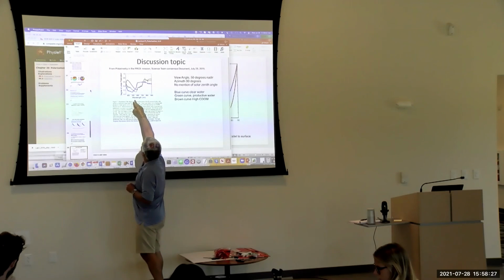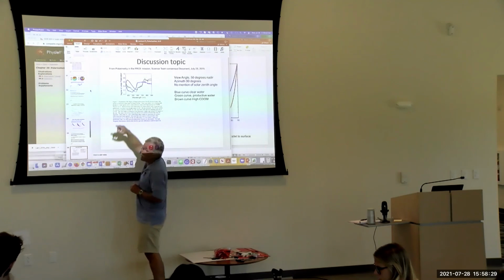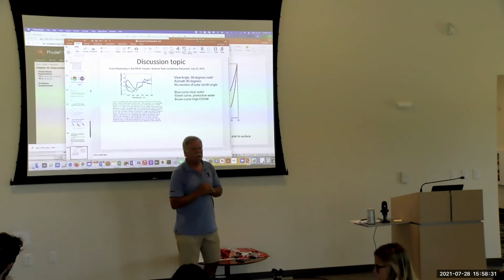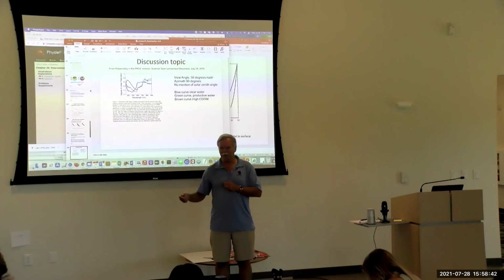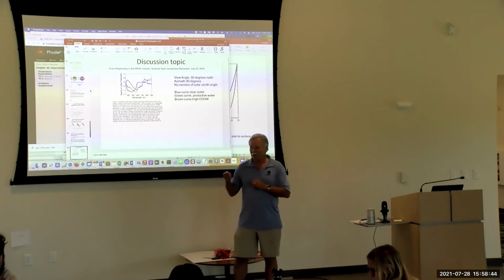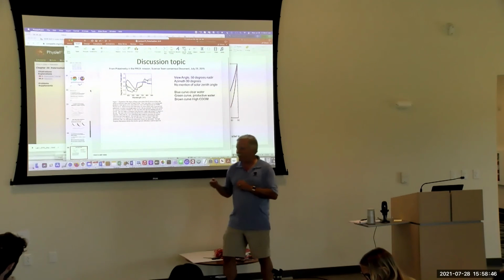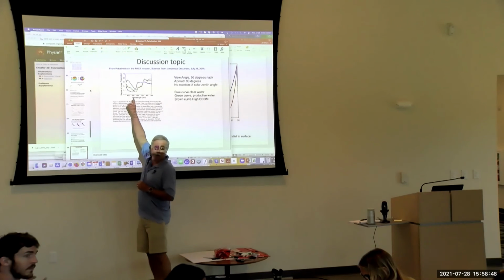How about the brown curve, the high CDOM curve? Does it explain that? If you have high CDOM, do you have much light coming out of the blue? No. So almost everything's going to be in the surface. So you're going to see mostly this reflectance off the surface, and so you get a high degree of polarization.